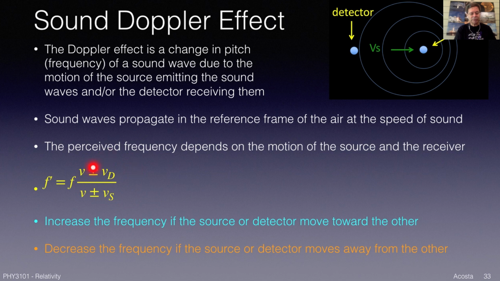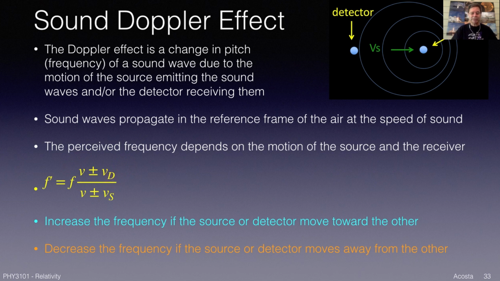But we do have to choose where in the numerator or denominator. So if it's the detector that's moving, maybe you're driving by, if you're coming towards something, I would choose a plus in the numerator. However, if it's the source which is coming toward me, I would choose the minus in the denominator. Both of those, a small number in the denominator will increase the frequency, or a larger number in the numerator will also increase the frequency.